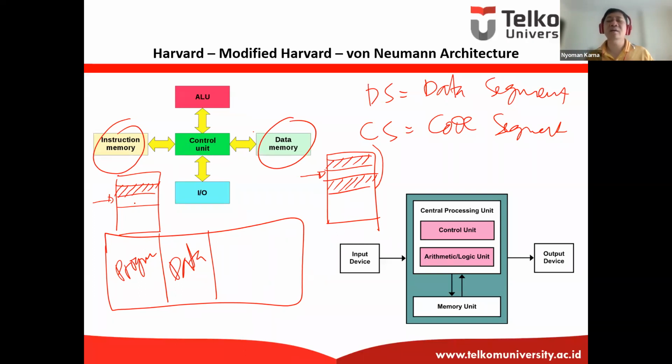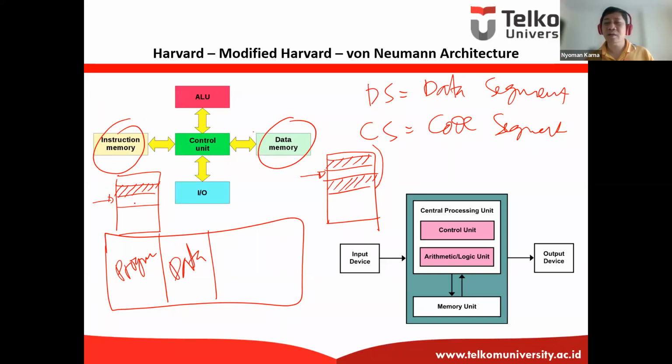In data, the microprocessor accesses this cell of memory, so I need to retrieve this whole block of memory into the cache, because most likely the next data to be accessed is inside this block. So it will be faster if you just retrieve this block of memory and put it into the cache memory.